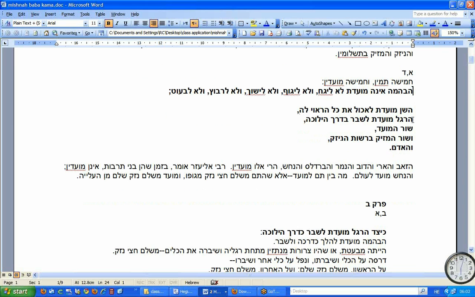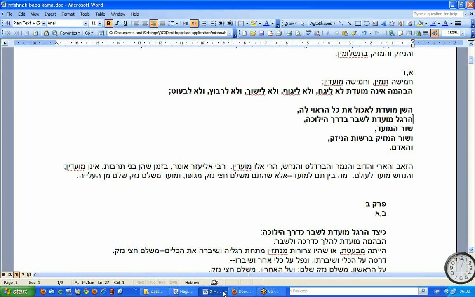Now, here's the object. The shein is muedes lechol et kol harui lo. So it's muedes, okay, to eat only things which are proper food. Because if it doesn't eat something that's food, then again it's Karen because it's kavan lahazik, right? So it's tachlis.